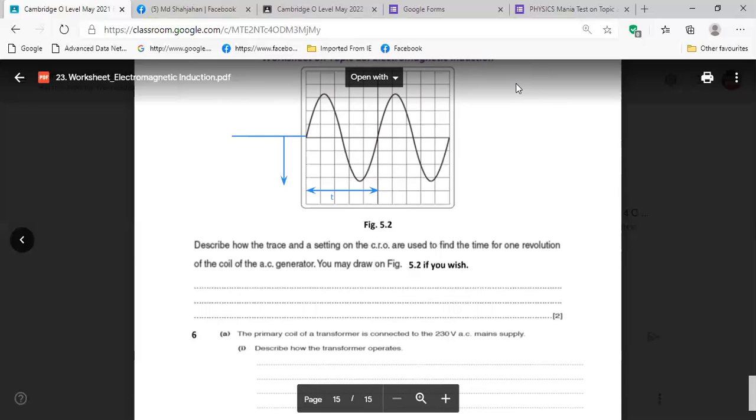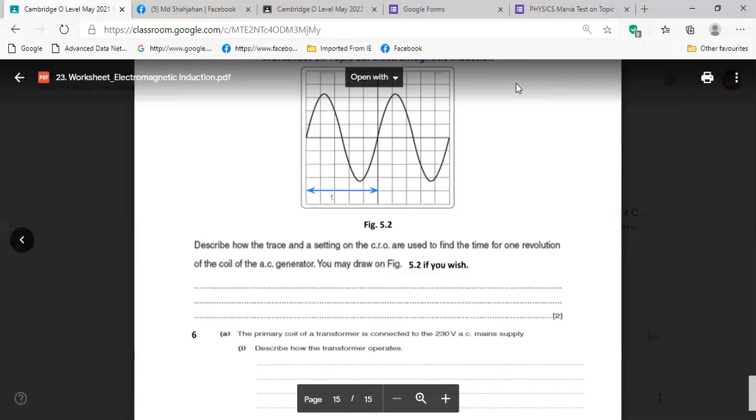So you write that in 2 points. First you find the number of divisions, then multiply the number of divisions by the time base.